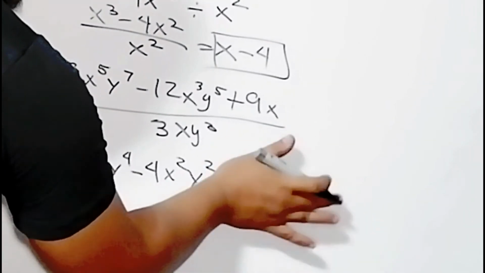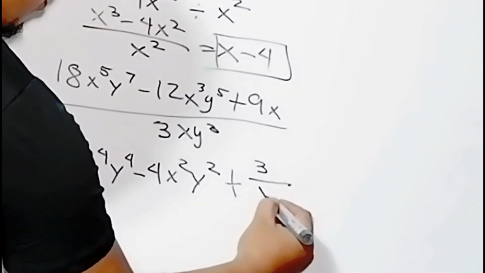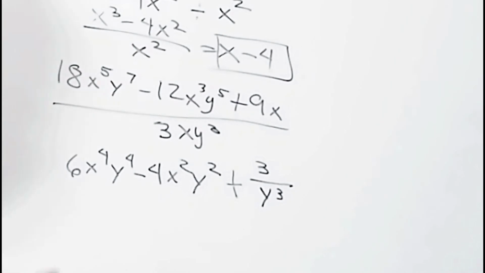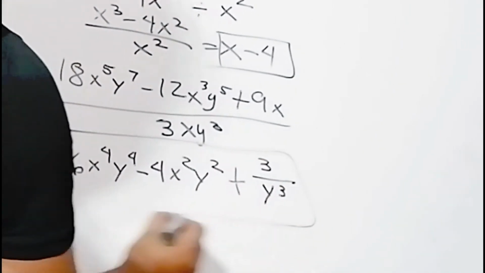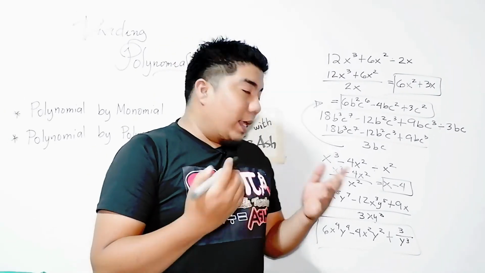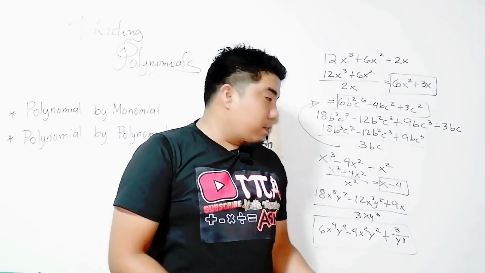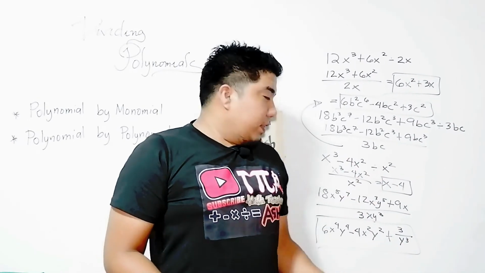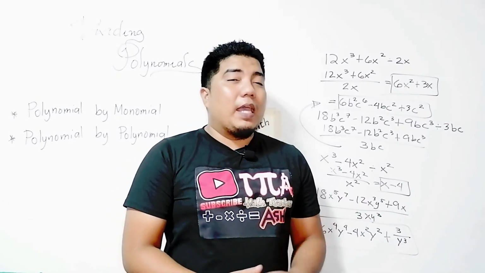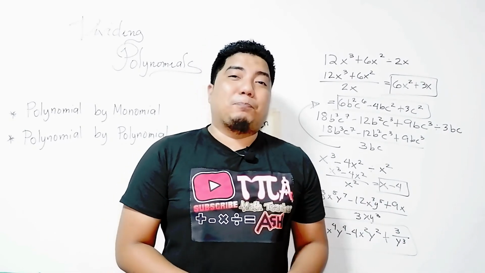Or if I write this clearly, that will give me 3 over y cubed. And that will be my final answer. So my dear math learners, if in any case you will encounter that the divisor is having more variables than your dividend, then what you can do is you just copy the divisor as a denominator of that given term.